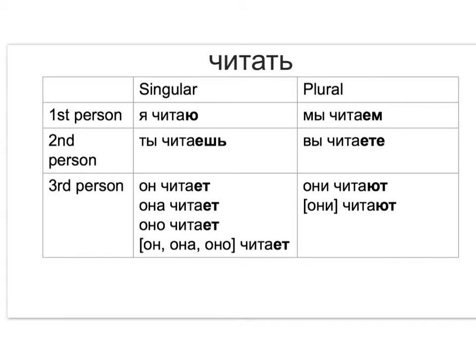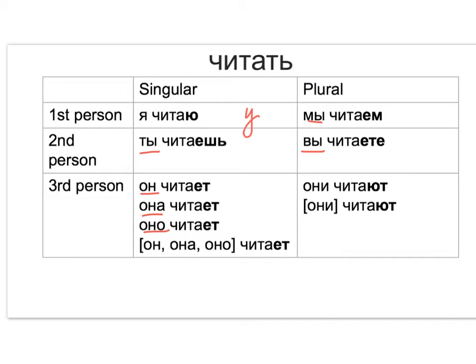Whereas жить had у in the я form, читать has ю. In the ты form, the он, она, оно, мы, and вы forms, жить had е. Живешь, живет, живем, живете.